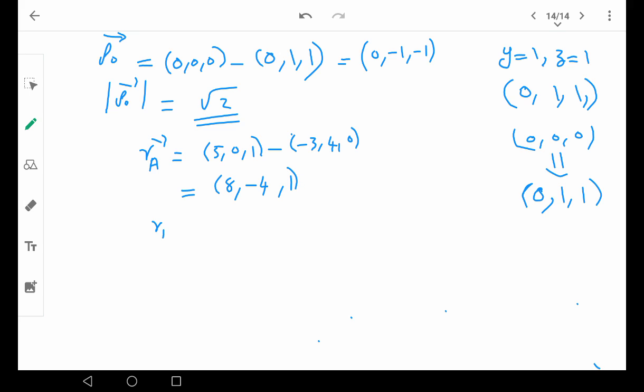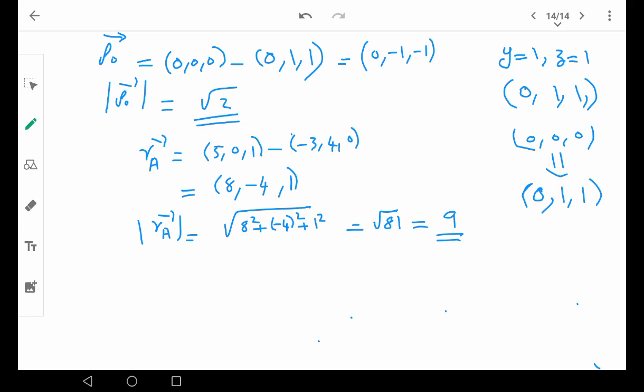So you can write the RA magnitude as the square root of 2 squared plus 4 squared plus 1 squared, that is 4 plus 16 plus 1, square root of 21.